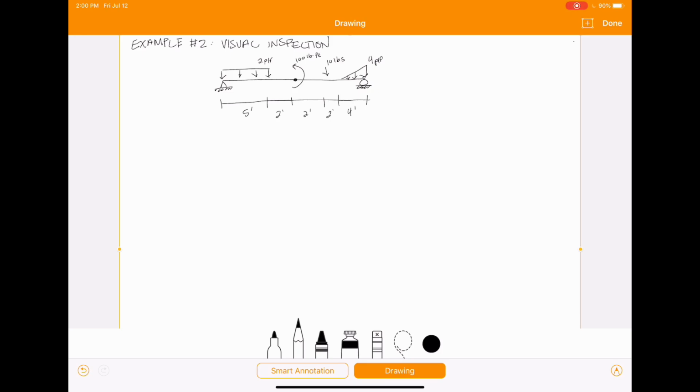Okay, so as I said before, the first thing you're always going to do with these problems is draw a free body diagram and then use your equations of equilibrium to solve for your reactions.